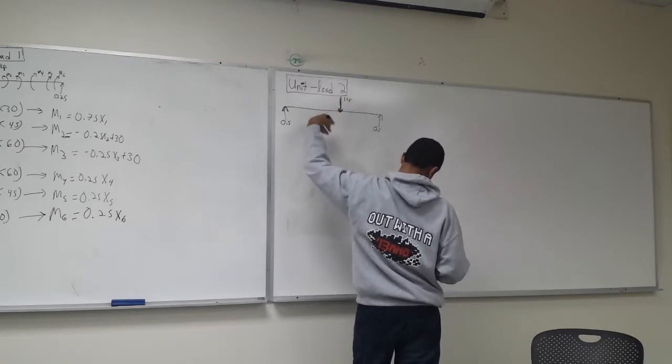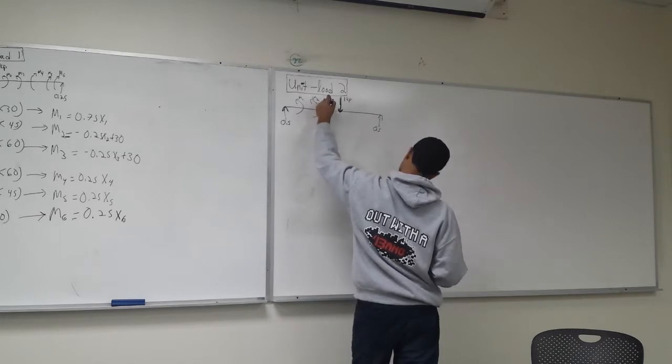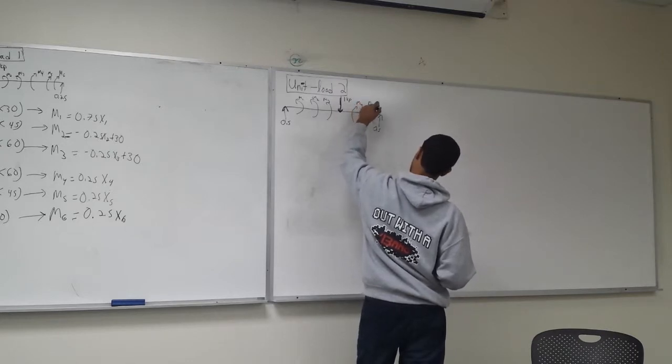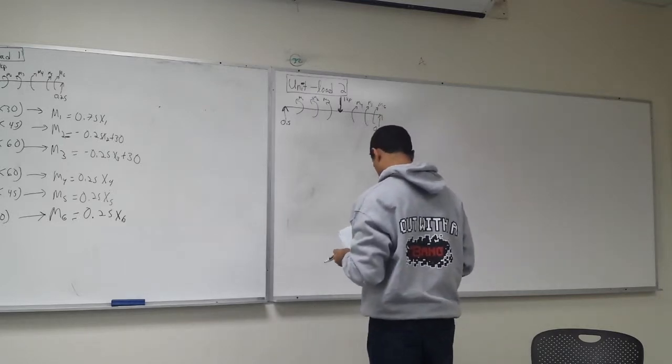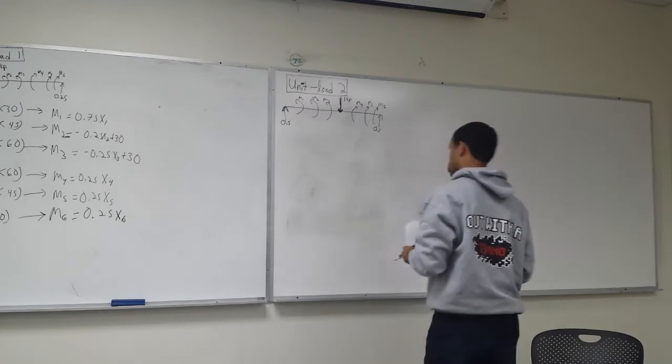Again we have our 6 different moments: moment 1, moment 2, moment 3, moment 4, moment 5, moment 6. So we write our expressions.